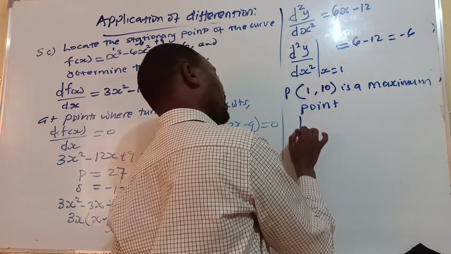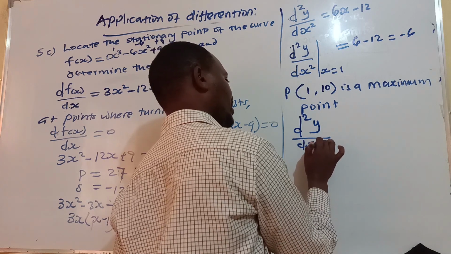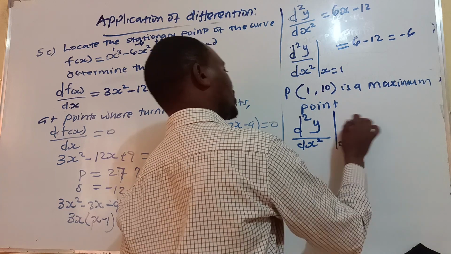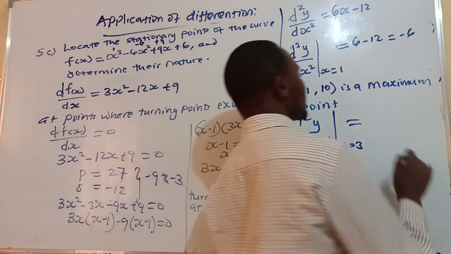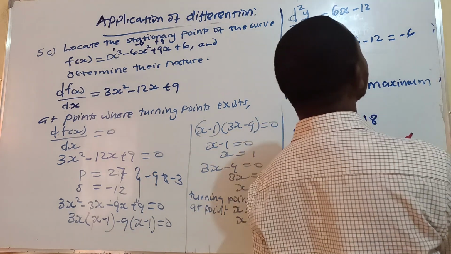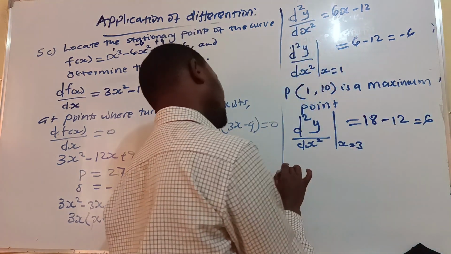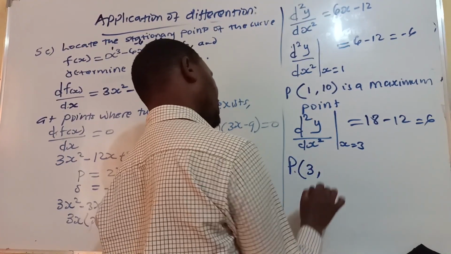Then you get the second order derivative of the function y with respect to x at point x is equal to 3. What's the value of that? That will be 3 times 6 is 18 minus 12, this is positive 6. So at point x is 3, what's the value of y?